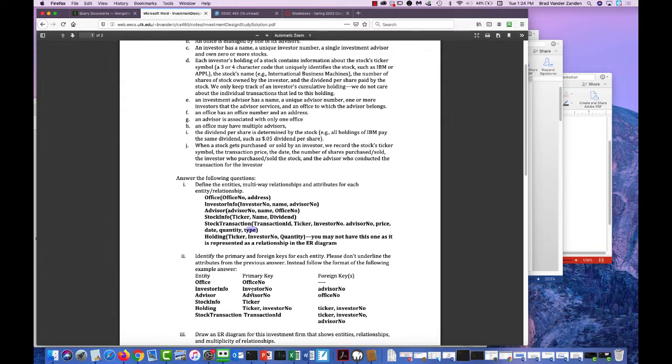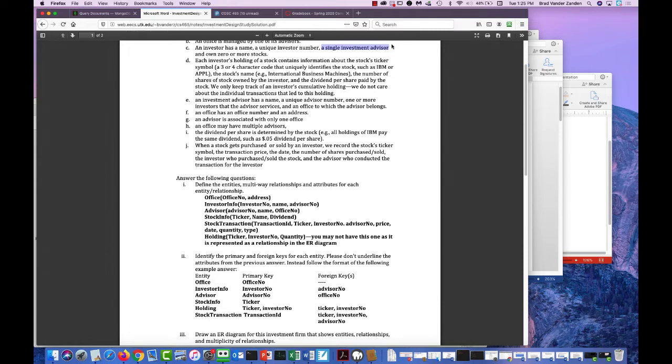On the other side, how many advisors can an investor have? Right here. An investor has a single investment advisor.